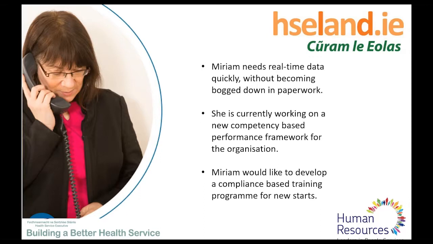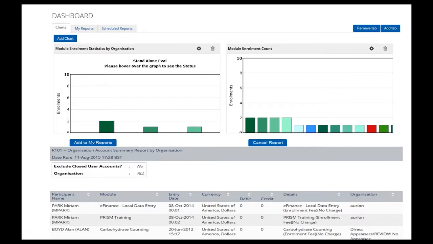Now, in order for Miriam to be able to do her job, she doesn't need micro detail. She certainly won't need lists of names of people who have done courses. Even insofar as she's trying to develop a new competency-based performance framework, as you can see there from the middle bullet, what she's going to be primarily interested in are the kind of statistics and graphical information that I'm about to show you here.